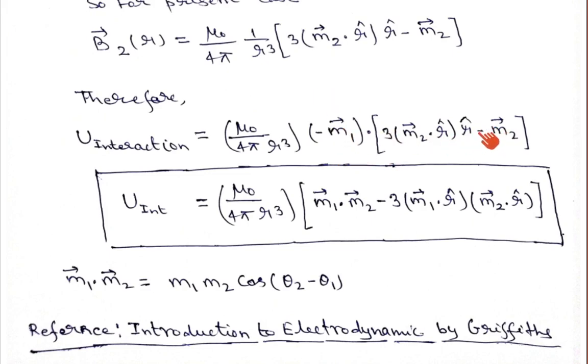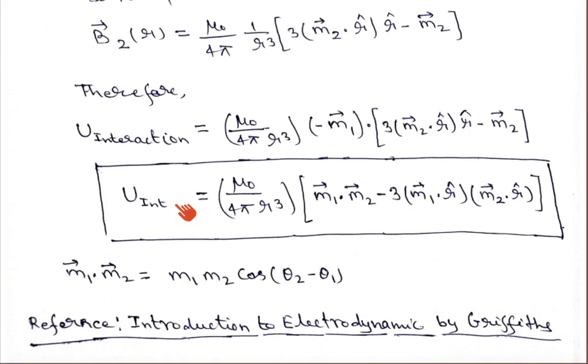This minus becomes plus, so that is m1 dot m2, and this will become minus 3 times m2 dot r unit vector, m1 dot r unit vector. So that will give minus 3 m1 dot r unit vector into m2 dot r unit vector. So this is the U interaction, that is the interaction energy between the two dipoles.